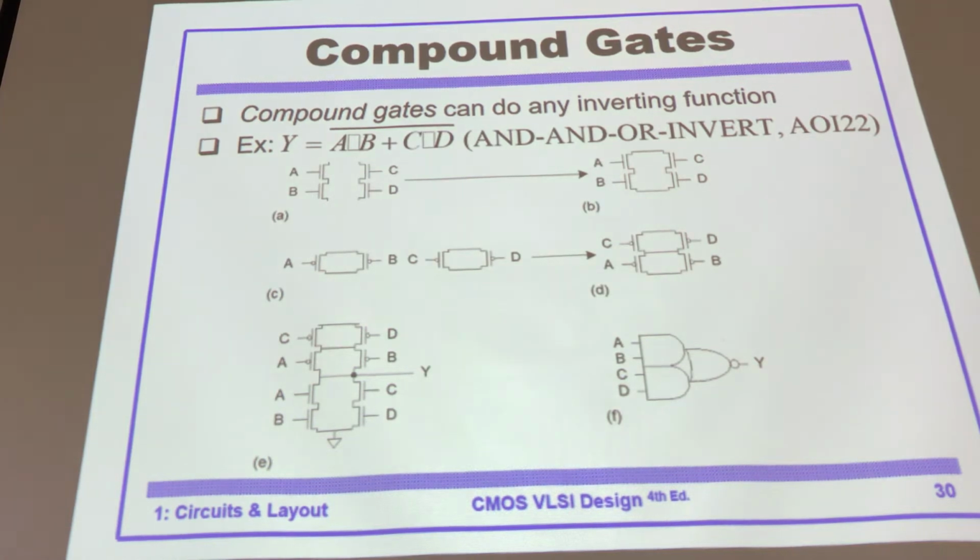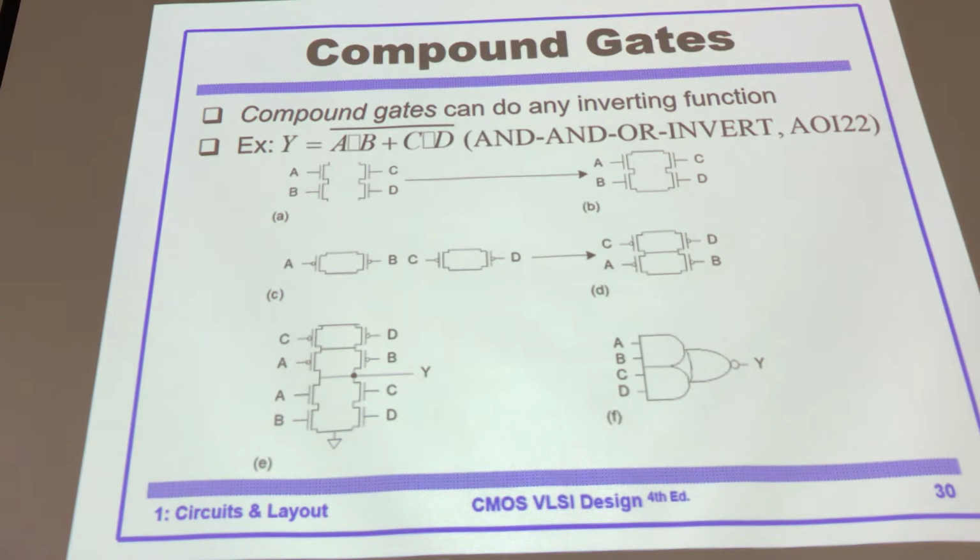So that's it. This is a kind of compound gate, not a basic logic gate like AND gate, OR gate, NAND gate, NOR gate, inverter, but they have different combinations of the AND and OR. A and B, C and D, then we put them together and then bar. So let's try to divide. First of all, as I said, try to divide based on that to come up with the pull-down network, the AND network.